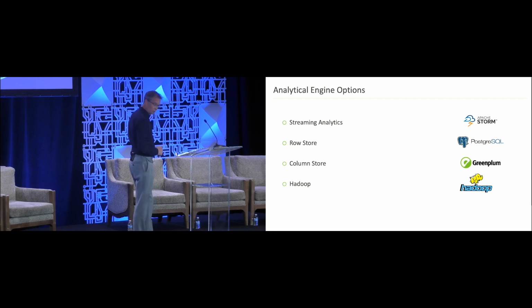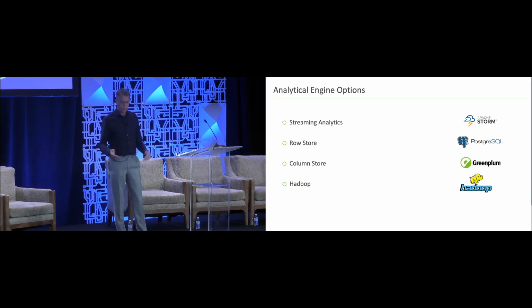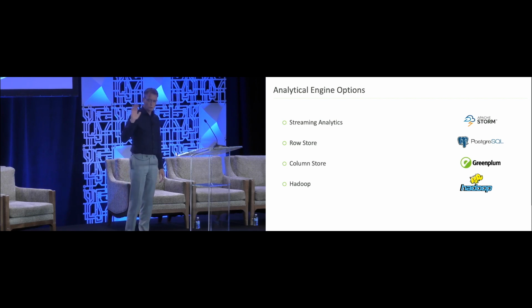So the 4 technologies we're going to be looking at are streaming analytics, row stores, column stores, and Hadoop. I've shown some examples on the right-hand side. These are by no means exhaustive. They simply indicate the sort of technologies that are used in those particular products. In particular, Apache Storm, for example, is for streaming, but also Apache Kafka, which has some added bits to it, which I'll talk about in a minute.